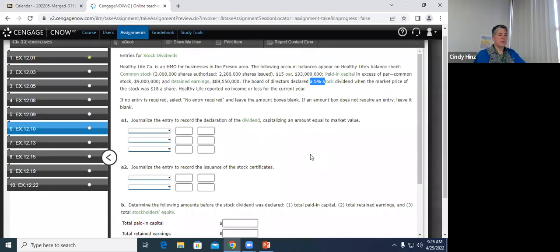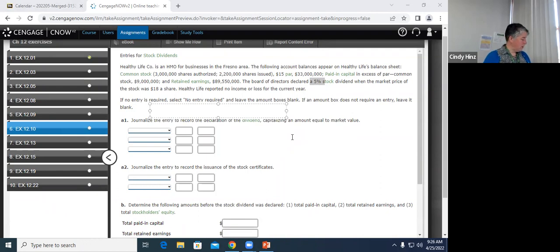So 5%, 5% of what? Just like with cash dividends, the stock dividend is paid only to the outstanding shares. We assume, because we're not told otherwise, that the 2.2 million shares that have been issued are still outstanding.